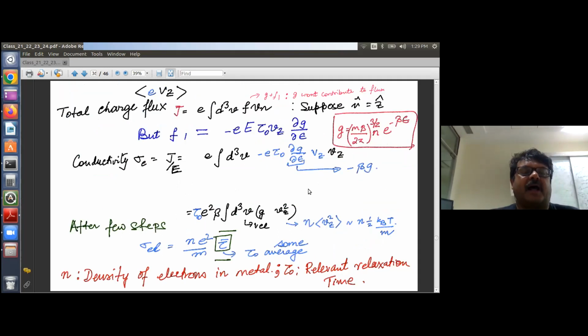Now, as we wrote down, if you wanted to calculate the total flux of the charge, let's call it J, that is equal to e into d3v f V dot n, because V dot n is the flow of particles, into e.